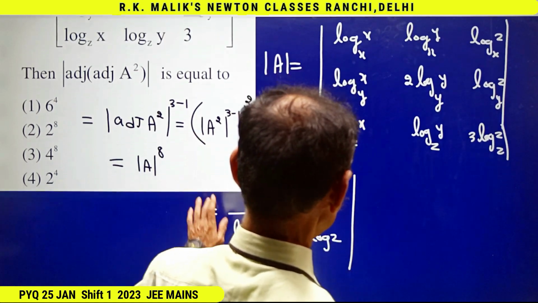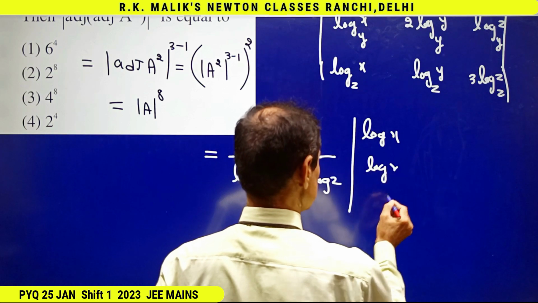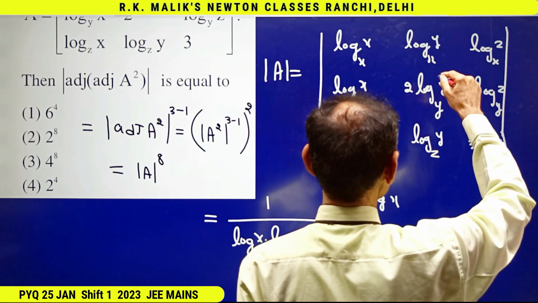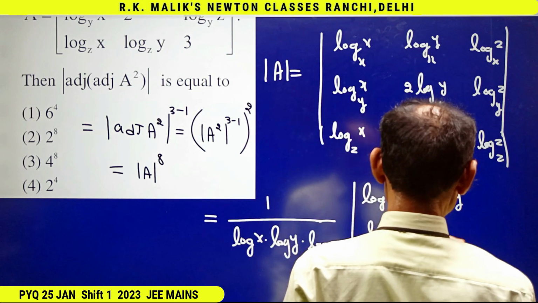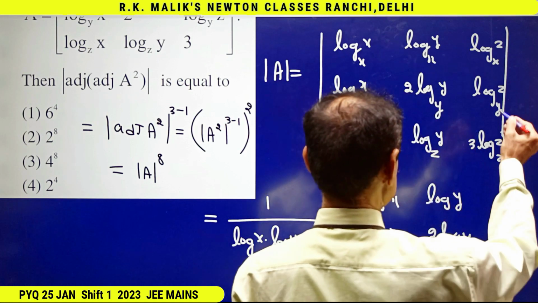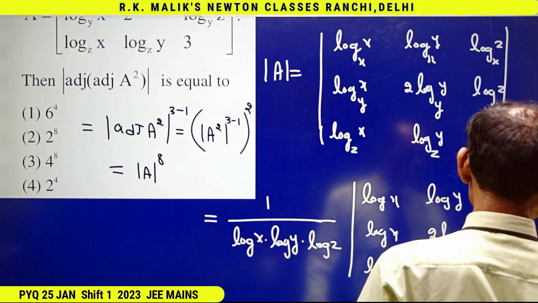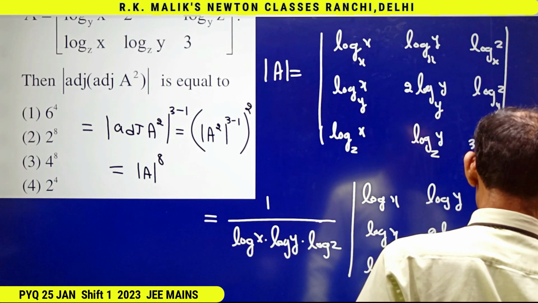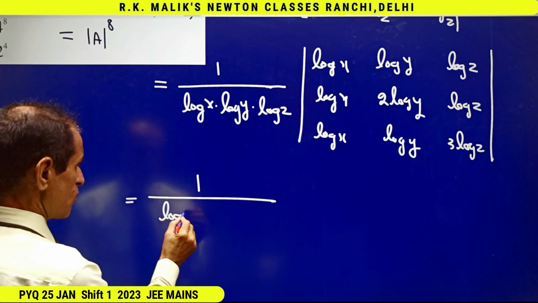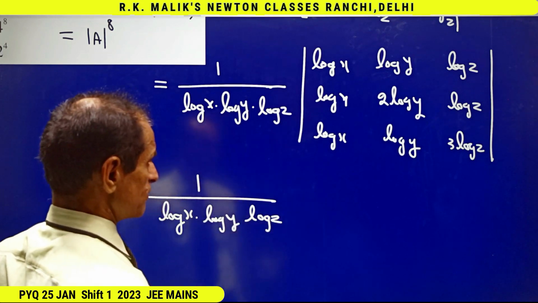into log x, log x, log x. After one denominator has been taken common, these will become log y, log y and log y, and the third will become log z and 3 log z, and this is equal to 1 upon log x, log y, log z.